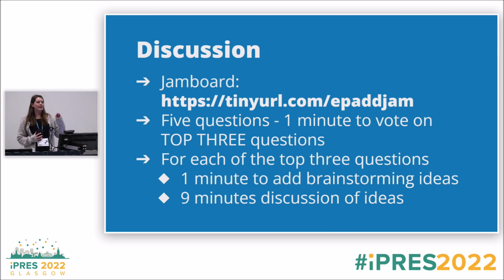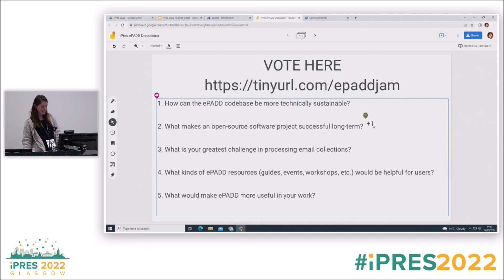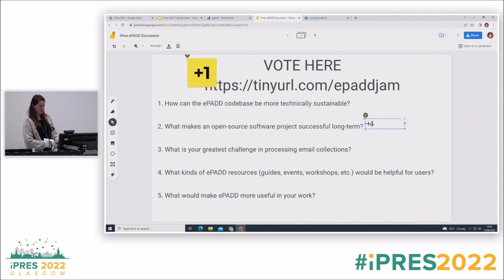So if everybody could get to the Jamboard and go ahead, let me show you what we were thinking. You can just designate your vote by adding a sticky or a text next to the question that you'd like to discuss, and please choose your top 3. I'll give you all a minute for that.